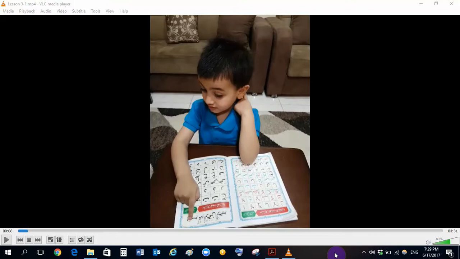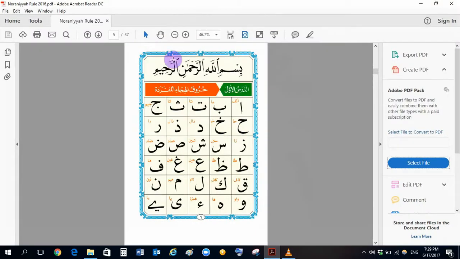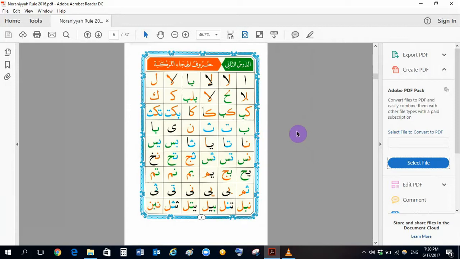We so far covered two lessons, lesson number 1 and lesson number 2, and lesson number 1 was about the alphabet, the alphabetical letters or the separate ones, and how to read them and what are the challenges that might face the teacher. And then we moved and talked about the second lesson in the book of the Nouraniyyah Rule, and it is about huruf al-hija al-murakkaba, or how the alphabetical letters they are connecting to each other.